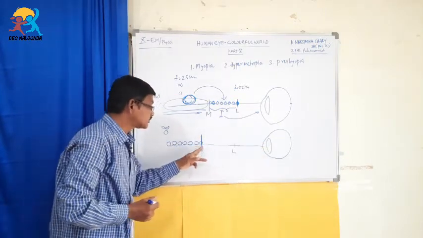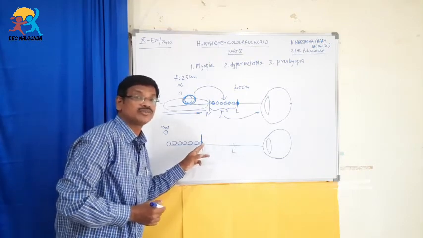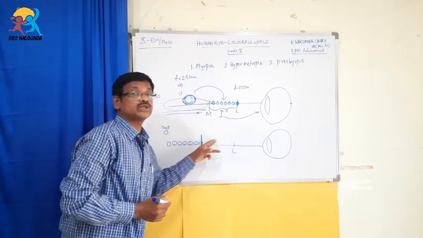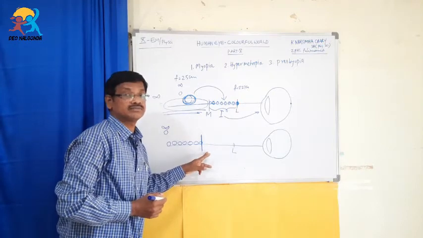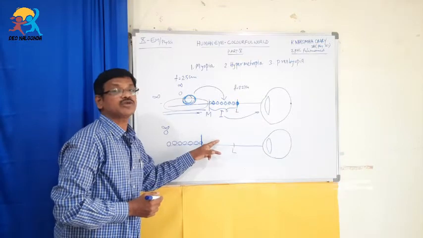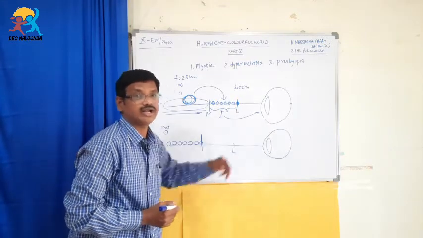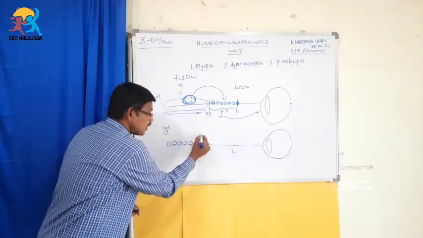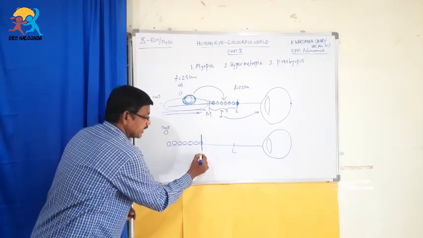And after this point, if you take the object towards L, the object is not observed by the eye, that is, the image of the object is not formed on the retina. So this point is called the near point.